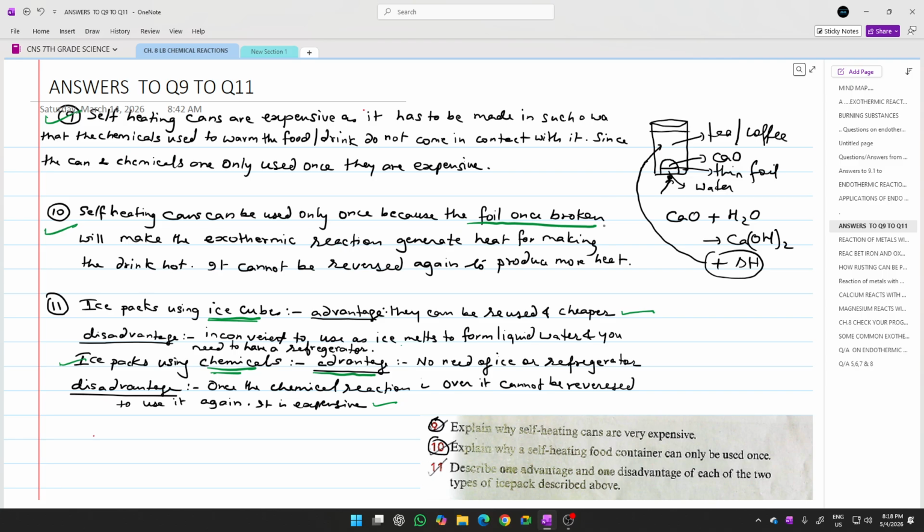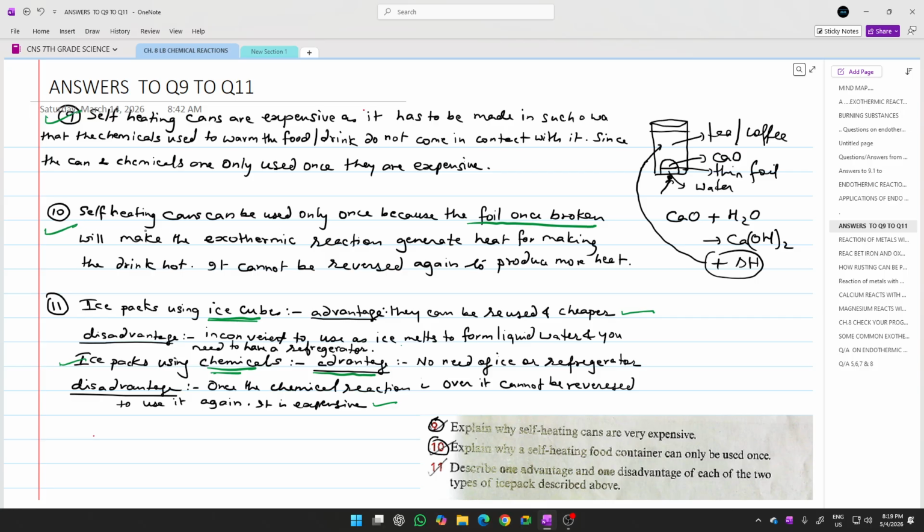And same mechanism, there will be calcium oxide and water separated in a two compartment, and you'll have to break open the thin foil so that the reaction takes place between the two and the heat is evolved because of the exothermic reaction taking place, and that heat will be used for heating the food in that particular can.